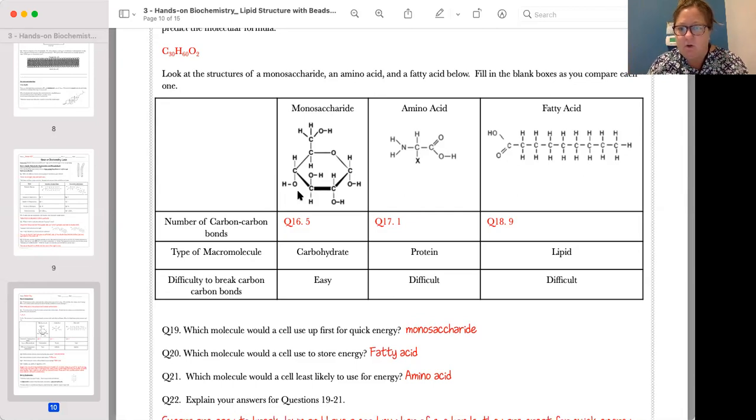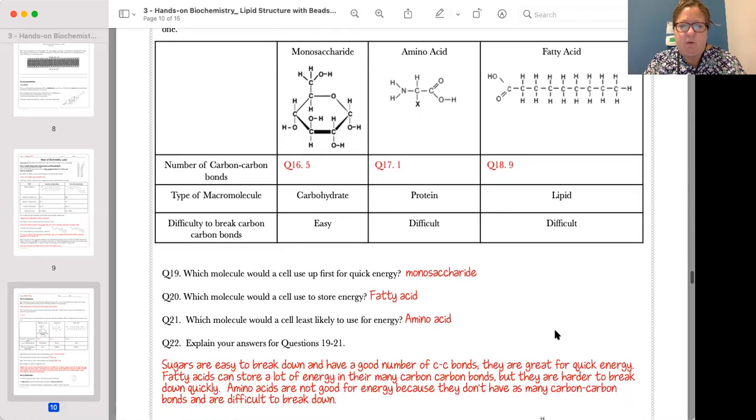The amino acid only has 1 carbon-carbon bond. It forms proteins, and it is very difficult to break that bond. Then here's our fatty acid with 9 carbon-carbon bonds. It is a lipid or a fat, and it is difficult to break these bonds.